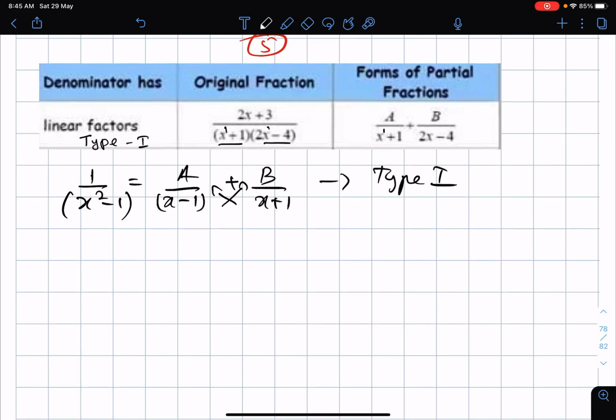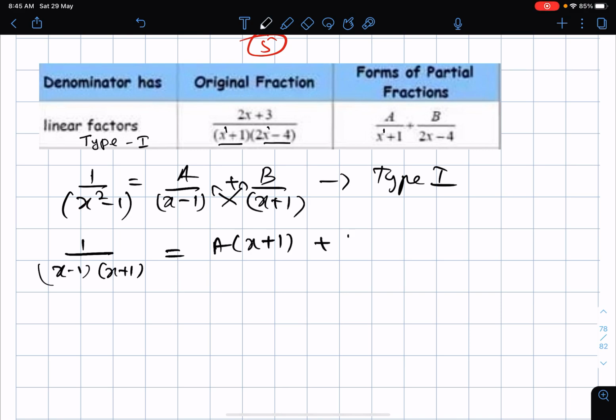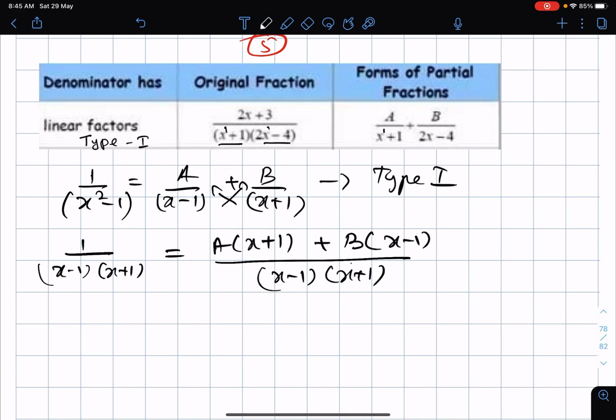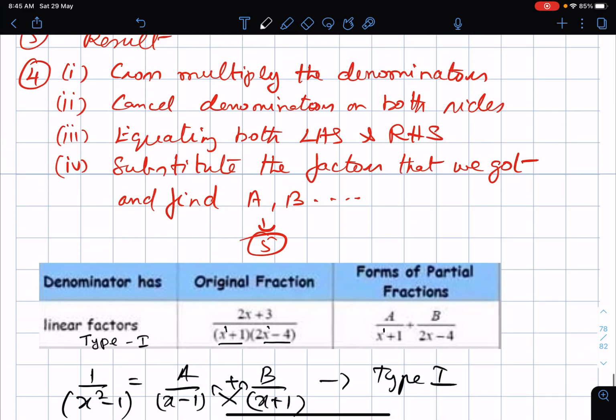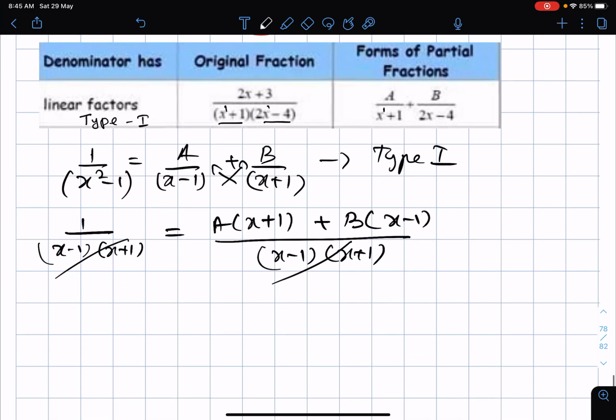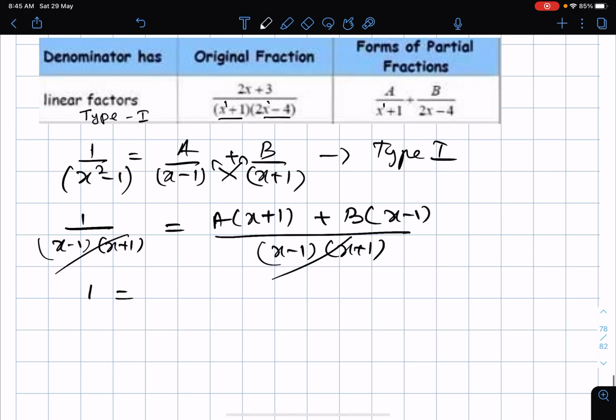Cross multiplying, here again it is x minus 1 into x plus 1 equal to a into x plus 1 plus b into x minus 1, and your denominators will come together. So you can cancel out your denominators as I told you in step two. Then equating both LHS and RHS, 1 equal to a into x plus 1 plus b into x minus 1.